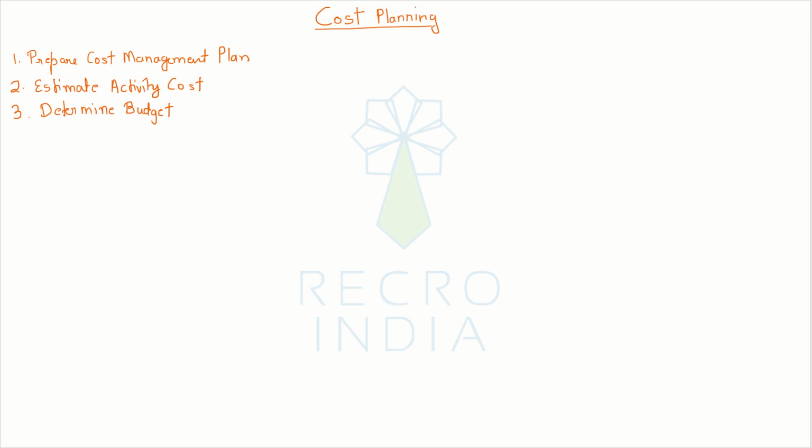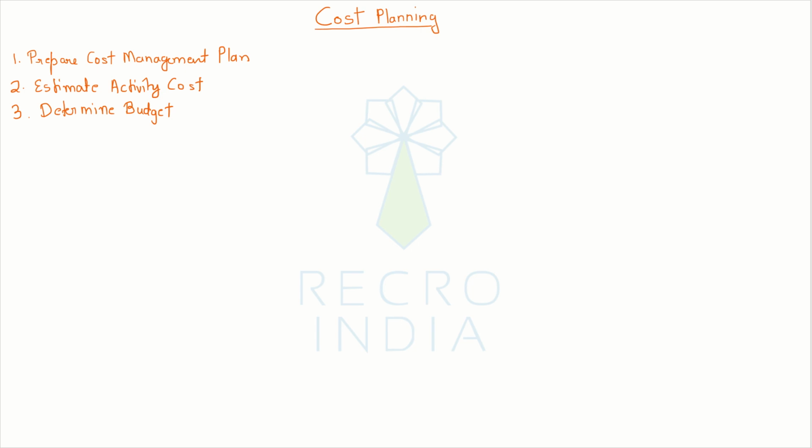Today we'll be starting a new topic in our planning, which is cost planning. In this section, we have three steps that we will discuss, starting with preparing a cost management plan, which will once again be a set of guidelines. Then we have to estimate activity cost, that is, how much money we will need for each and every activity.